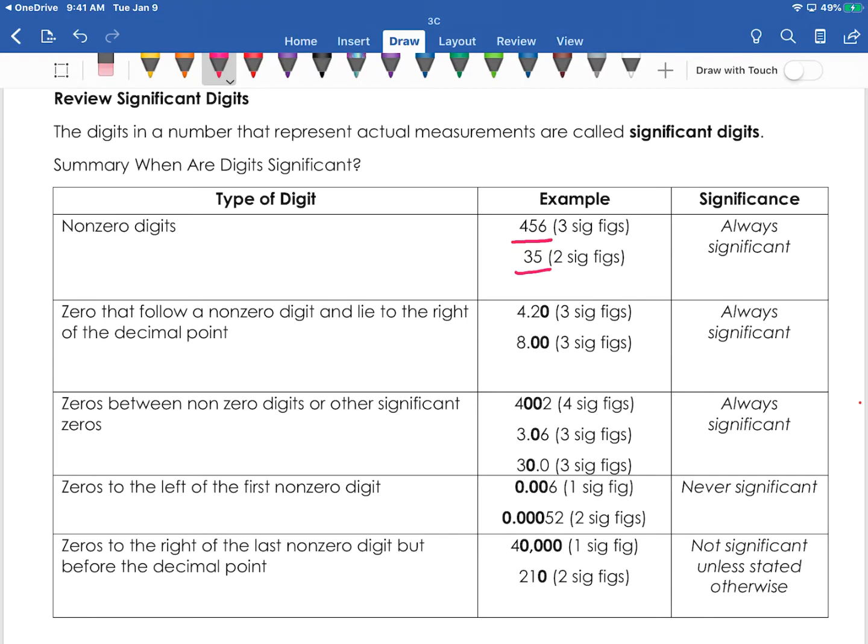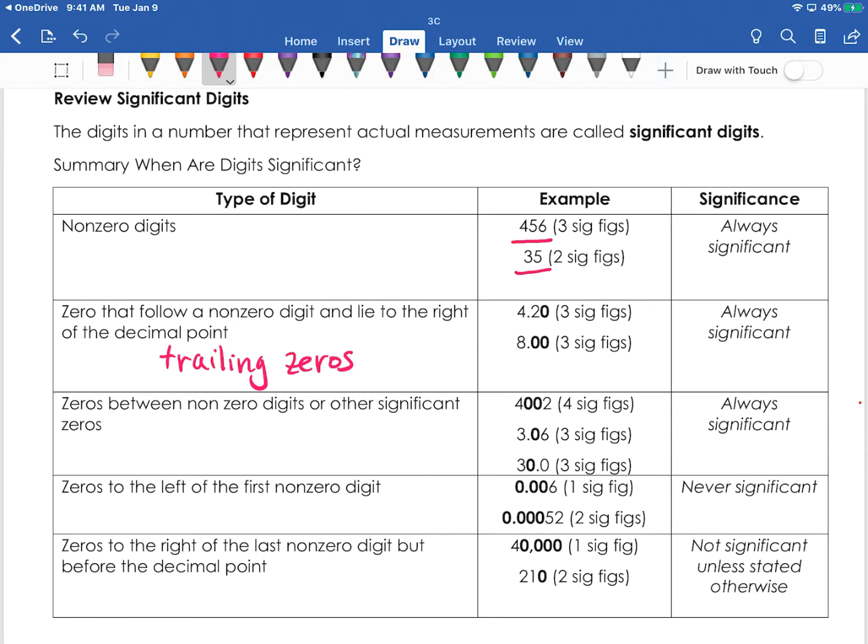Now keep in mind what we call trailing zeros, and I'll make a note of that here. This is called trailing zeros. If you have a 0 that follows a non-zero digit to the right of the decimal place, that's called a trailing 0. And those are going to be considered significant because it helps us determine to what decimal place we measured.